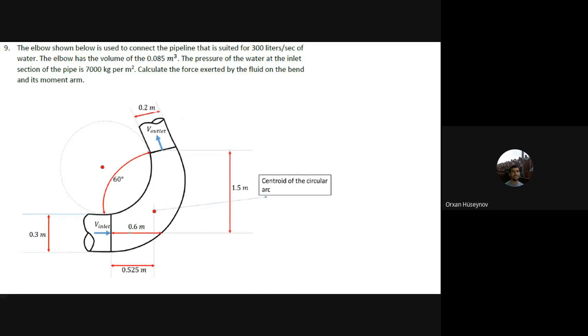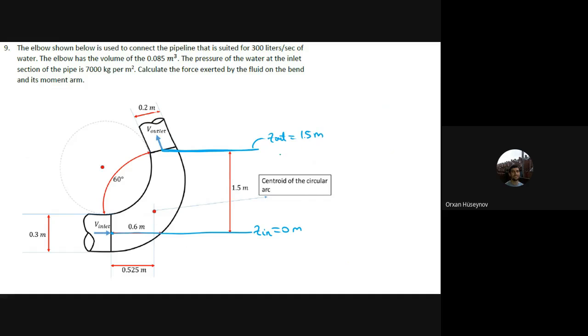Let me show the picture. So you can see, this one is the inlet. This one is the outlet. If you take the height of Z inlet as 0 meter reference height, then the Z out will be 1.5 meters.